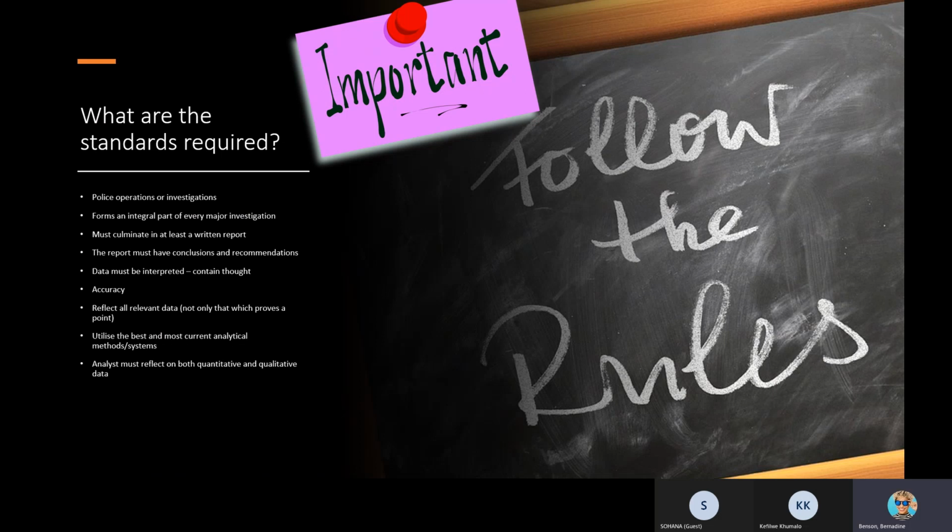These standards are either ISO standards, international best practices like UN conventions or frameworks, or institutional best practices like the ACFE has. So let's take a moment and consider what are the principles for the product of analyzed data.